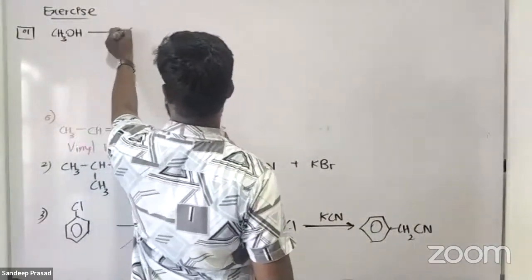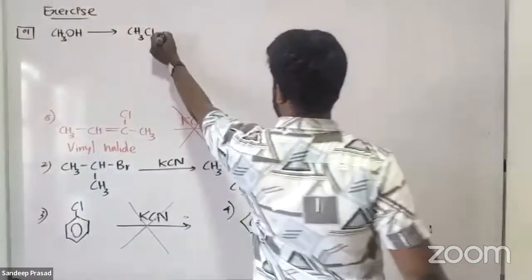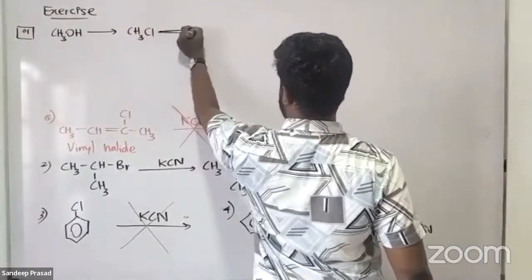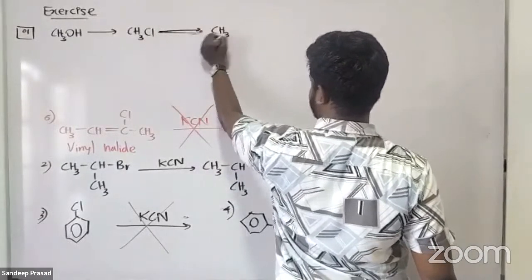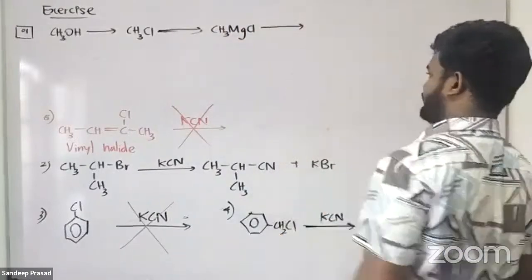methanol converting to methyl chloride. Then CH3MgCl. You know what you have to add? Put them on the arrows.